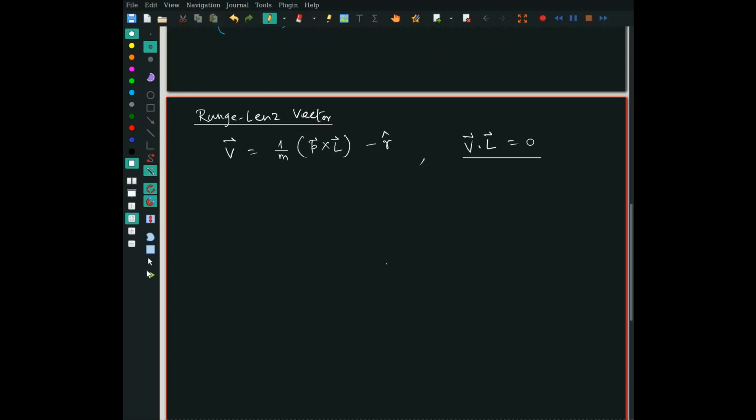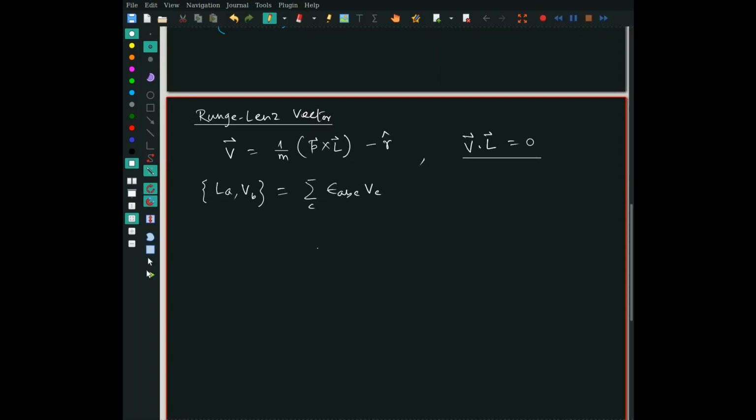Now there was another homework for you to check that these Poisson bracket relations hold. So if you find the bracket of LA and VB, you should find the summation over C of epsilon ABC VC.